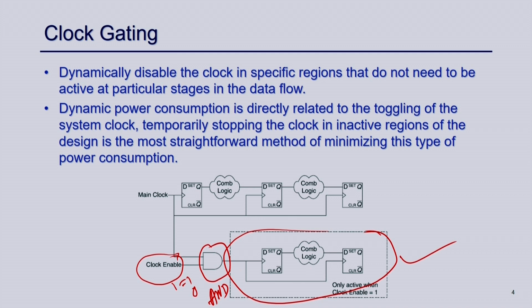Whenever this enable is 0, the clock is 0. That means no change in the data state of this register will happen. As a result, this circuit will be inactive and there will be no toggling of data, so the power consumption of this part of the circuit will be less.